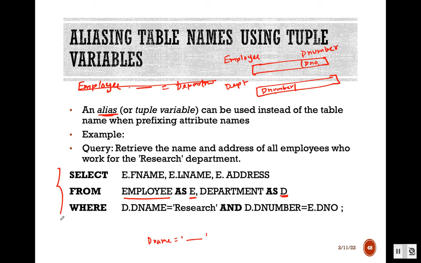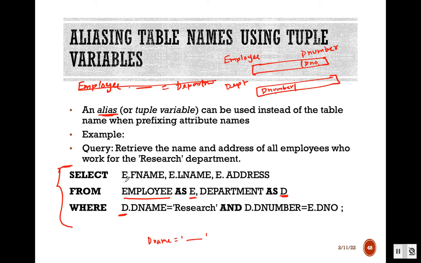When the query is executed, only for that time being, our compiler will know employee as E and department as D. In that case, whenever we have to write the table name, we can just write the alias name, the temporary name. For example, D.dname means department.dname, and D.dnumber equals E.dno means department.dnumber equals employee.dno.